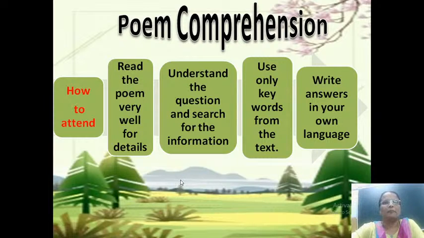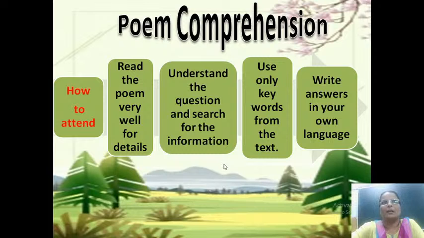Then you read at a slower pace to understand the details. I told you the example. First, when you read, you may understand that the poem is all about flowers. The second time, when you read slowly for details, you may understand this poem is not about all flowers. This poem is all about marigold, and the marigolds mentioned in the poem have two colors, yellow and orange. So this is how we come to know the general idea and the details.